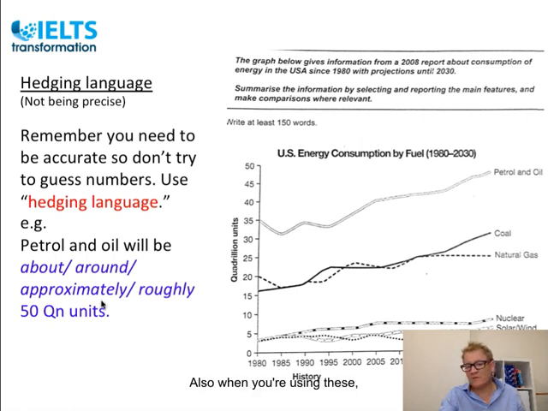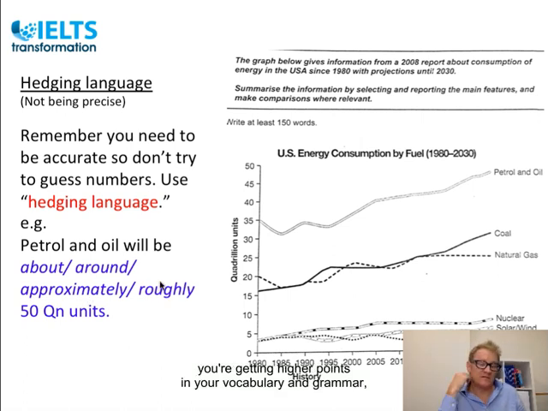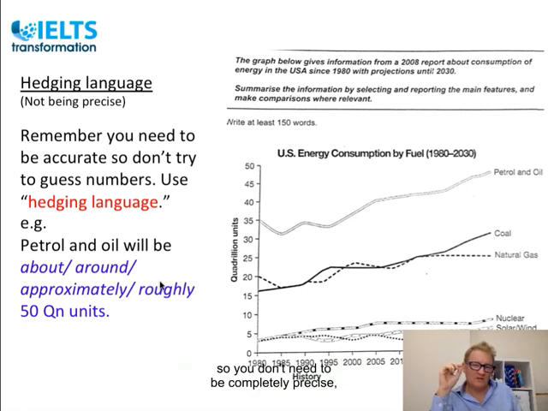Also, when you're using these prepositions and these adverbs, you're getting higher points in your vocabulary and grammar. So you don't need to be completely precise. Use this hedging language. Okay, hedge your bets. That will help you to not worry, because you don't need to worry about if it is 40 or 48, 49 or 50.